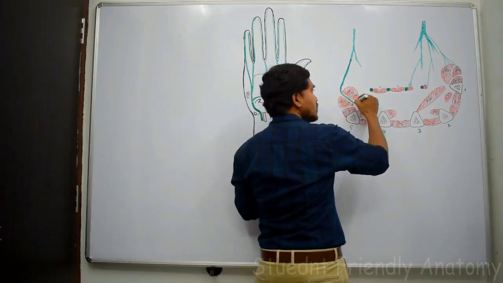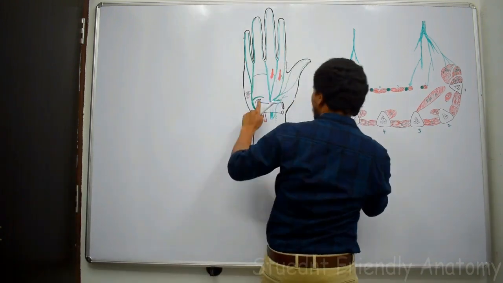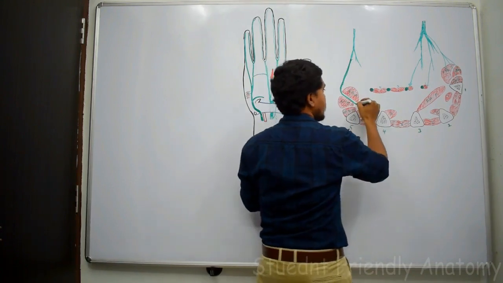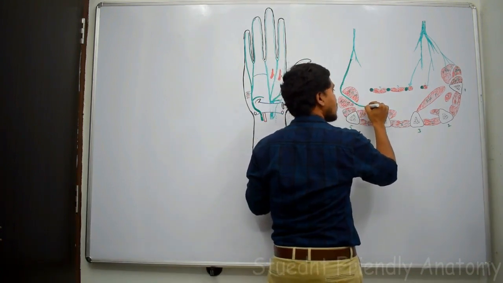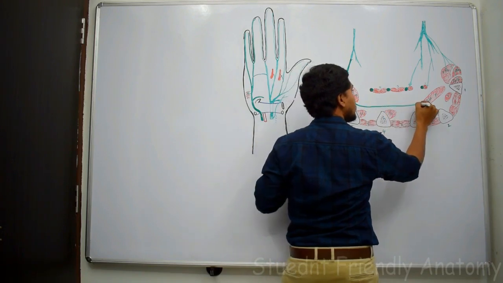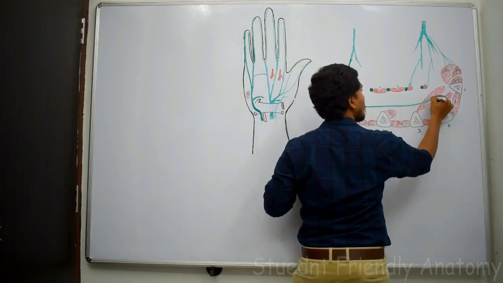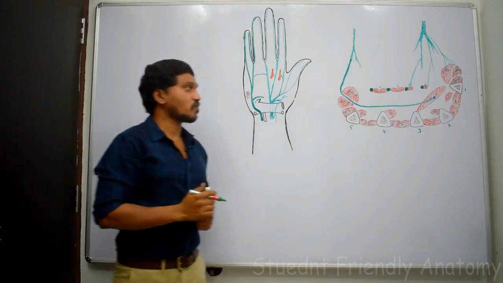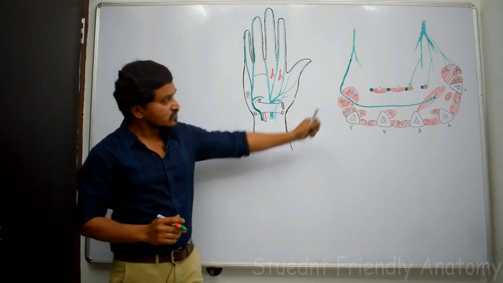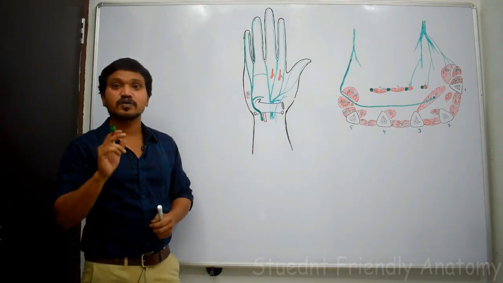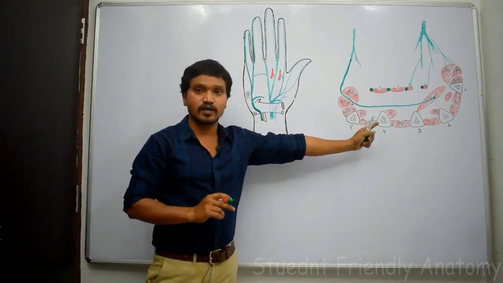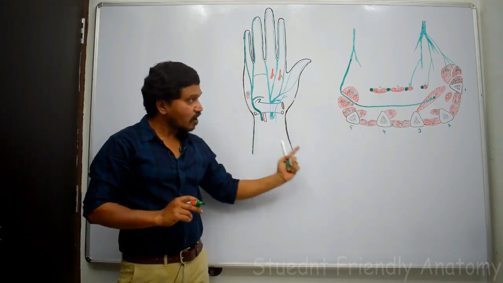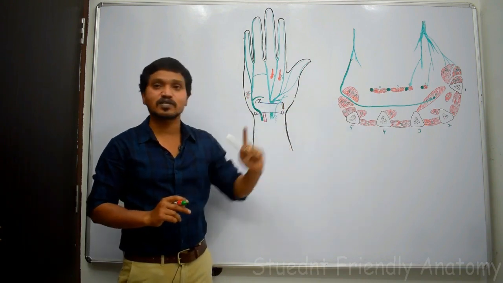After that, it will be present over the hook of the hamate. Then it turns laterally, or travels laterally, and terminates after supplying, what is this muscle? Adductor pollicis, right? So this is the course of the deep branch of the ulnar nerve. When it is traveling in this way, it supplies all the muscles present in relation with this nerve, right?